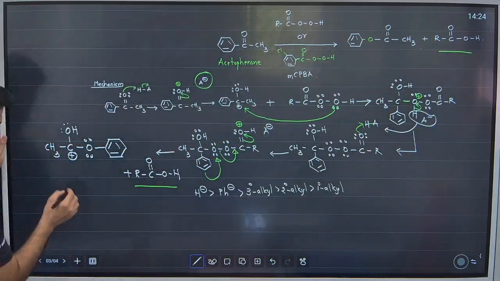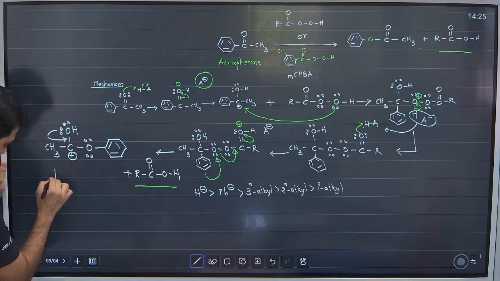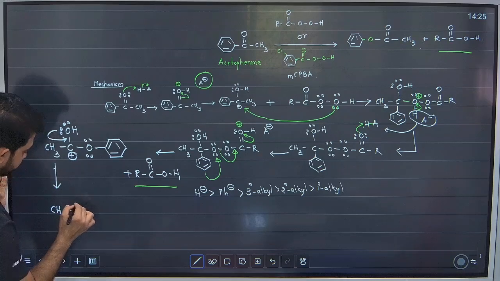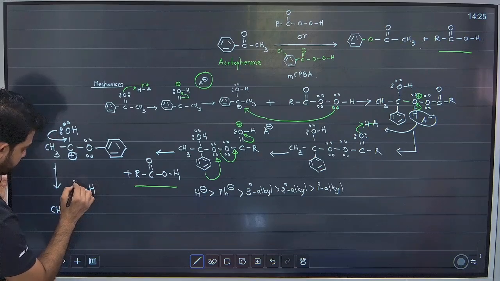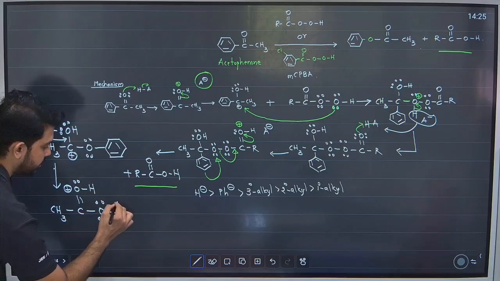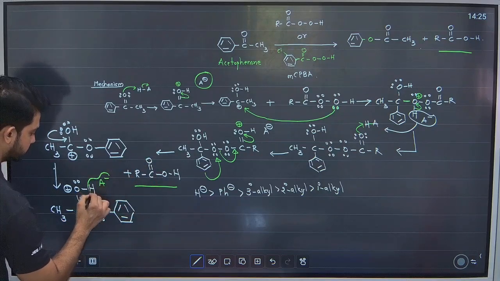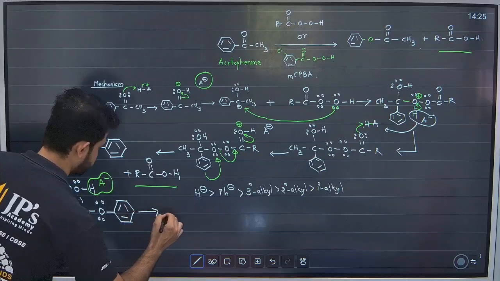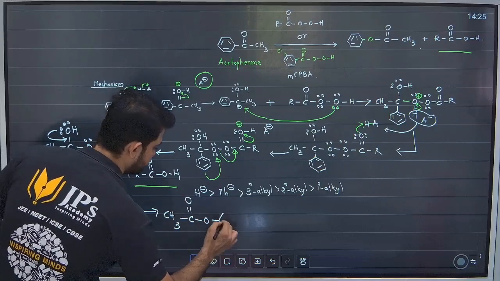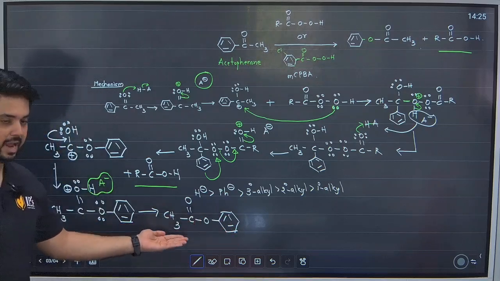And now students, what happens here is, if you see, the carbonyl carbon has a positive charge, positive charge on the oxygen, and then again the base will come back to extract its proton and we get the final product. We got our ester. We get back our phenyl ethanoate.